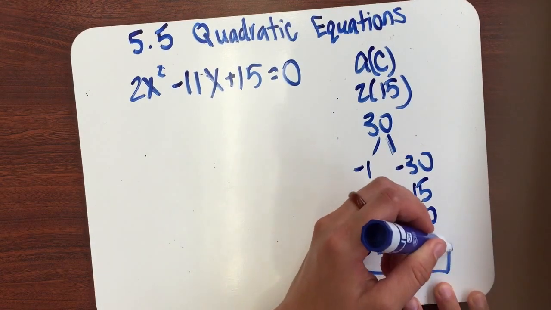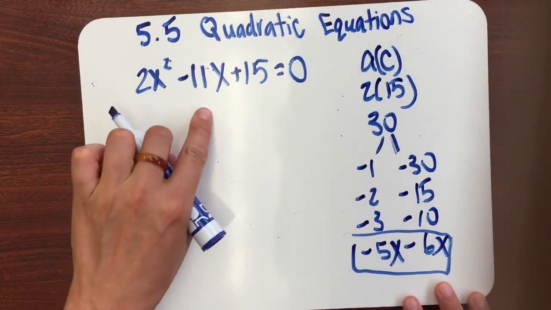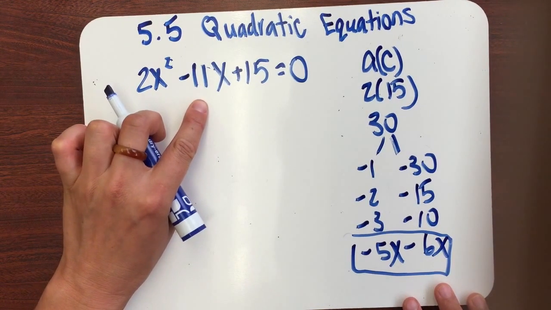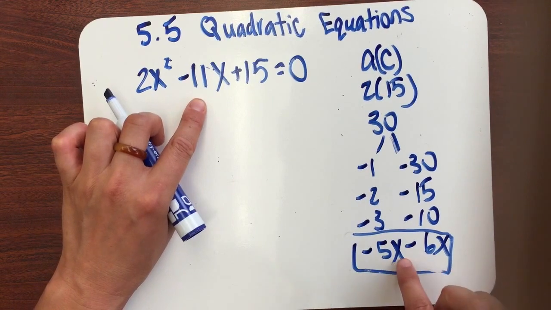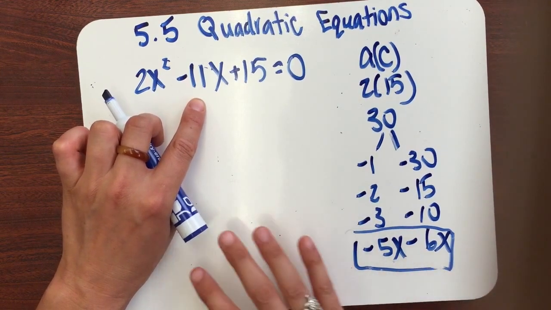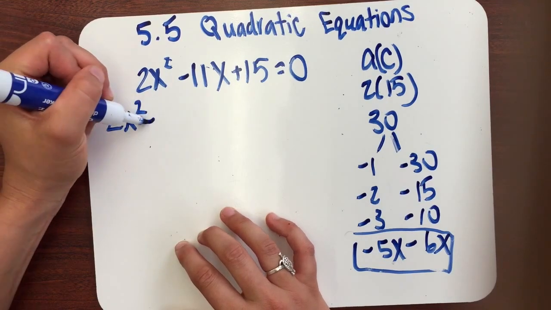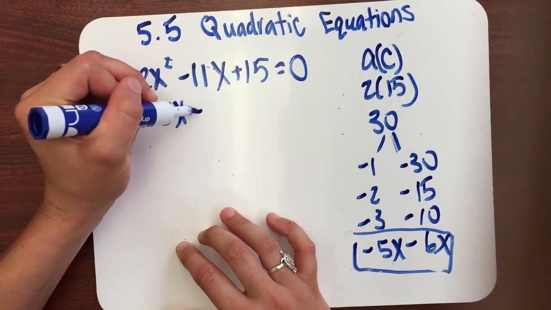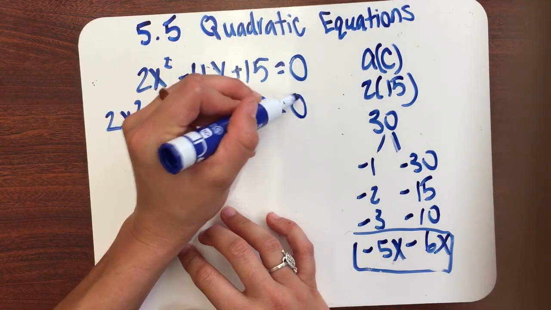So right here, negative 5x minus 6x will give us negative 11x. So we're going to replace negative 11x with negative 5x minus 6x. So we get 2x squared minus 5x minus 6x plus 15 equals 0.